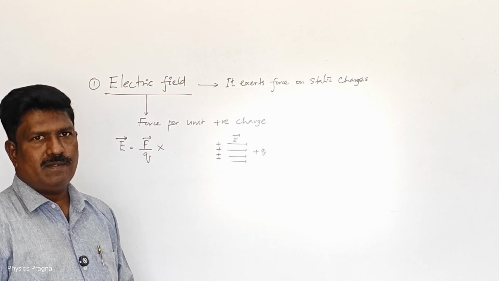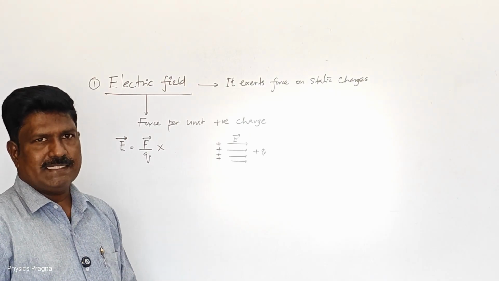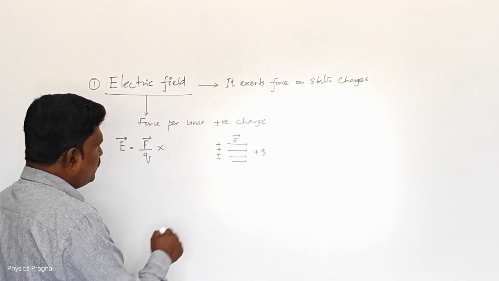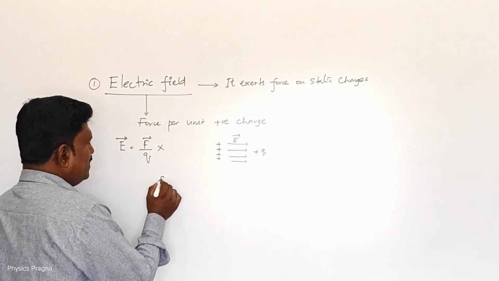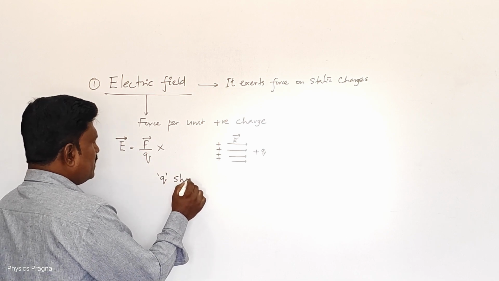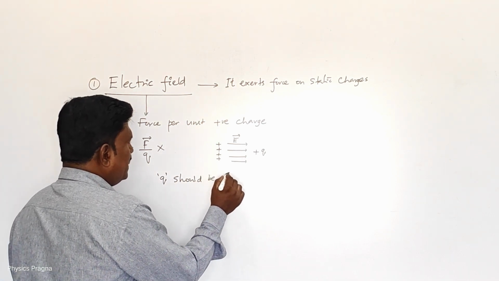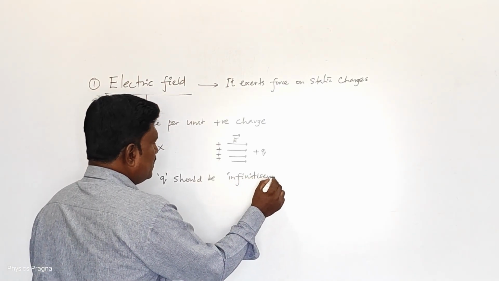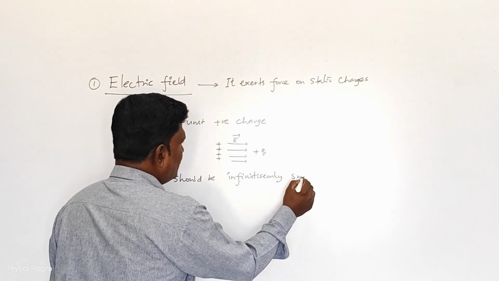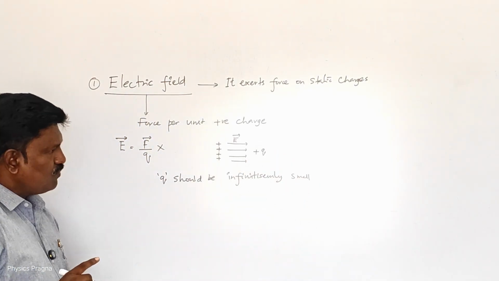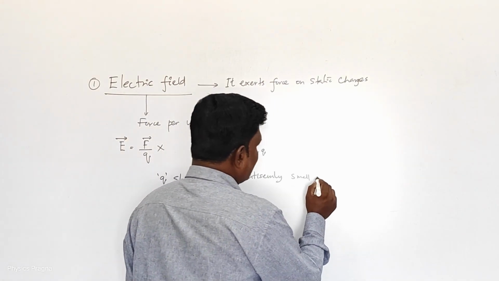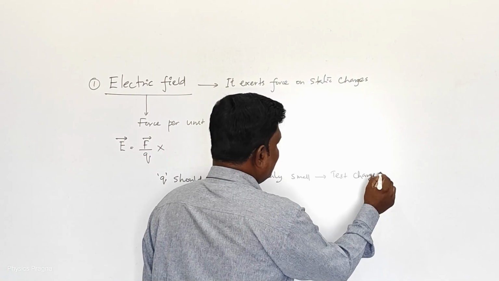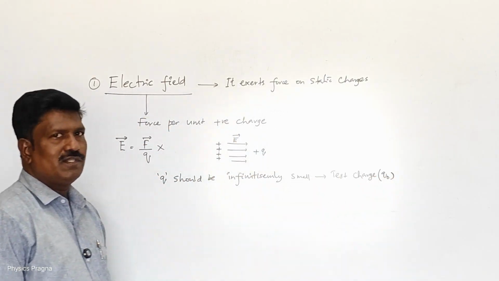So how to deal with this problem? If we use that formula as it is, we are not getting exact value of electric field. So whatever charge Q we take, the Q should be infinitesimally small. That infinitesimally small charge is also called as test charge. The symbol we use for the test charge is Q naught.